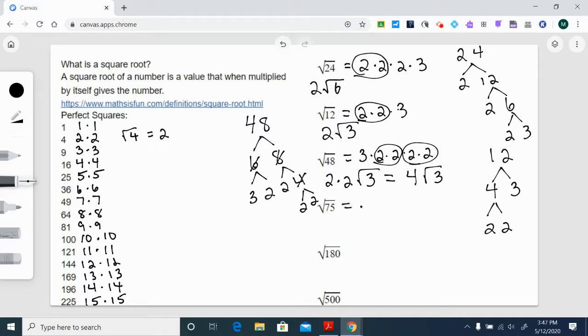So 75 then is equal to 25 times 3. Now, 25 is a perfect square. The square root of 25, we can split them up this way. The square root of 25 is 5, and then we can't take the square root of 3, so I'm just going to leave it underneath there. So the square root of 75 is 5 square roots of 3.